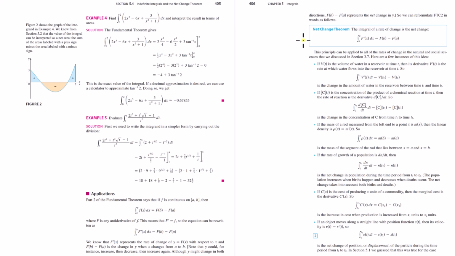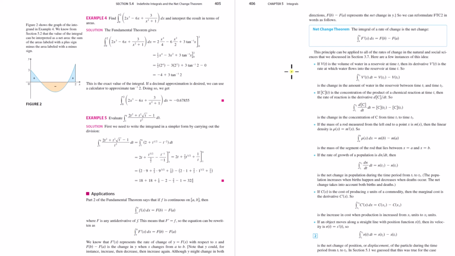What the net change theorem says is that if you take the definite integral of that rate of change function over an interval, so now we're talking about that infinite sum tool, when we talk about the definite integral, we're talking about the infinite sum tool.